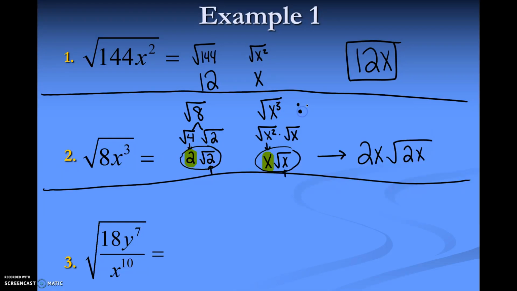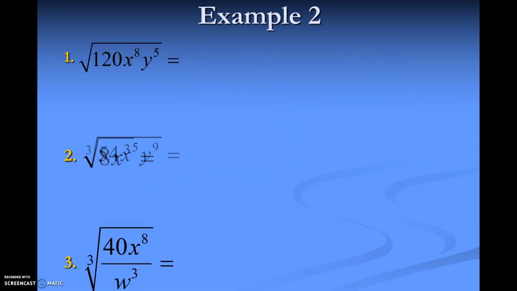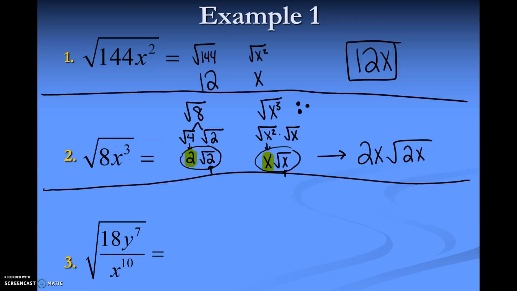If we've got 3 x's, do you remember elementary school when you had beans on the desk and the teacher asked you to split the beans into groups of 2? There is one group of 2. That group gets to break out and become a plain x, and this one is still stuck under the radical, sad and lonely.